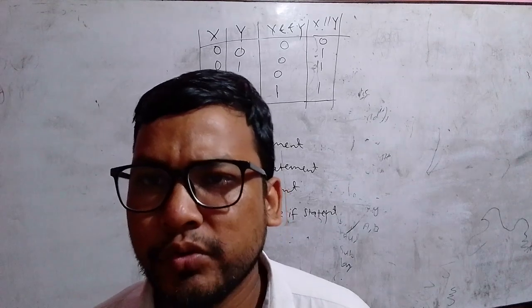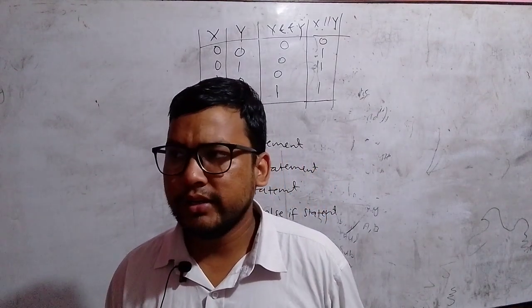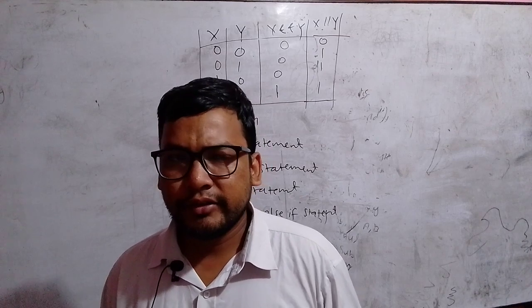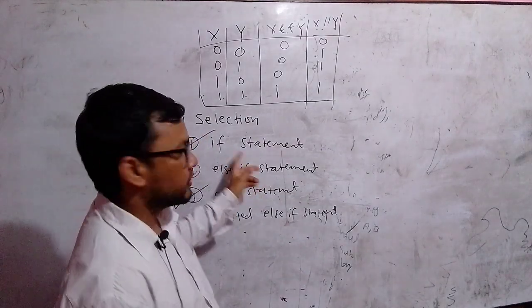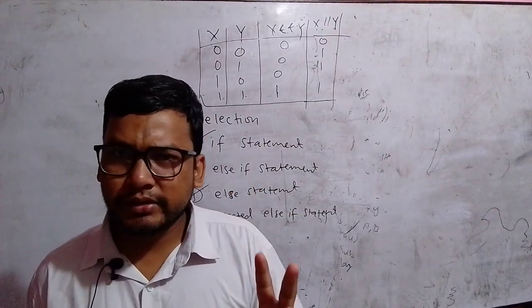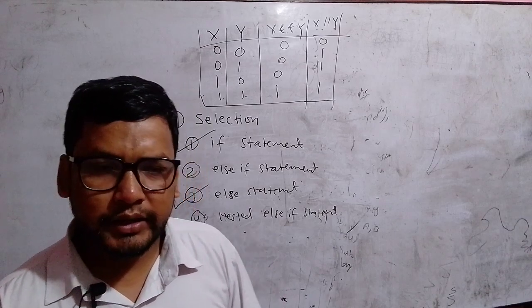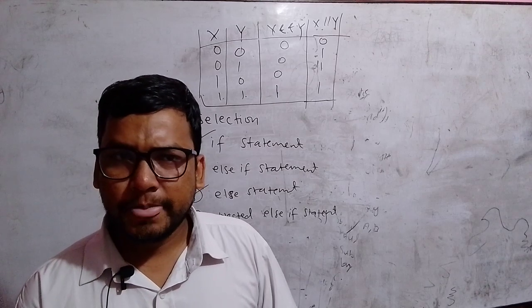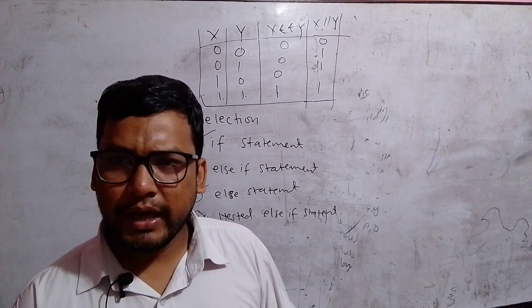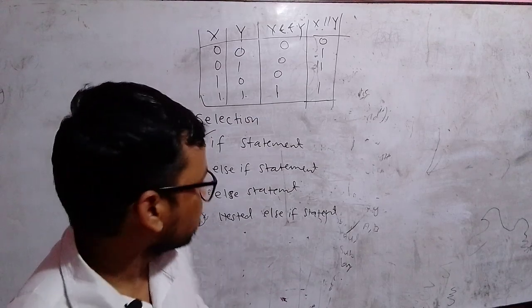It has two choices, let's say A and B. The if statement has only one choice and only one condition. If this condition is satisfied, then we need to choose that option. Otherwise, we do not have any other option, whether we have to choose or not to choose.